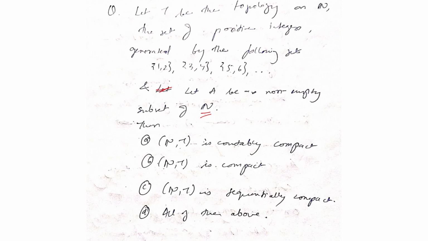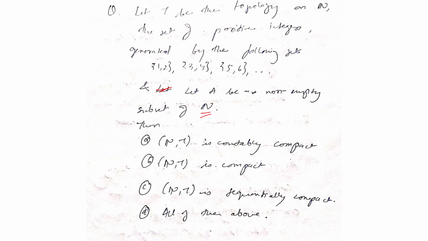So A we are taking, it will be helpful in proving sequential compactness. For sequential compactness, you need a subset, right? So for that, we have taken A. So you can use it for proving or disproving option C. Are you sure?